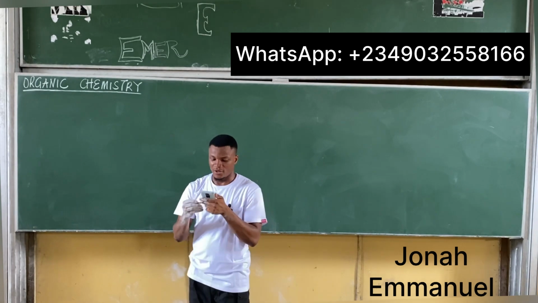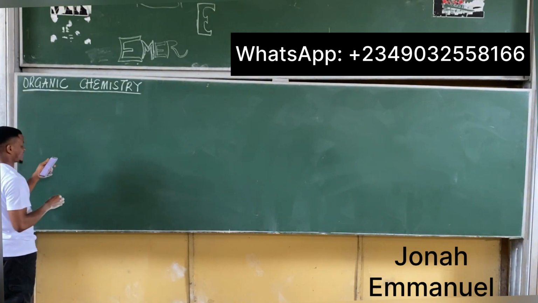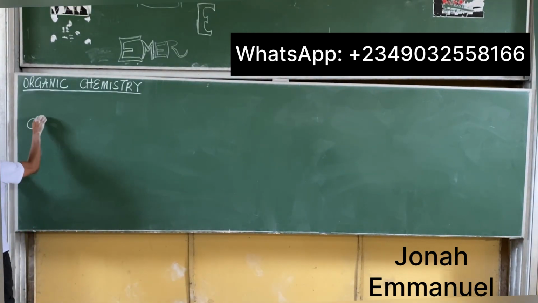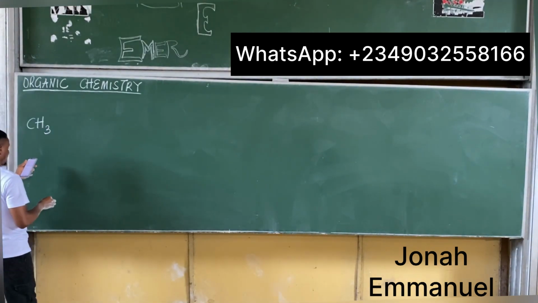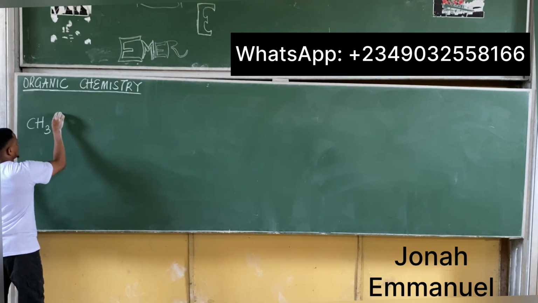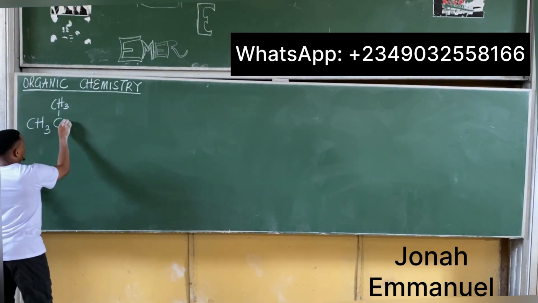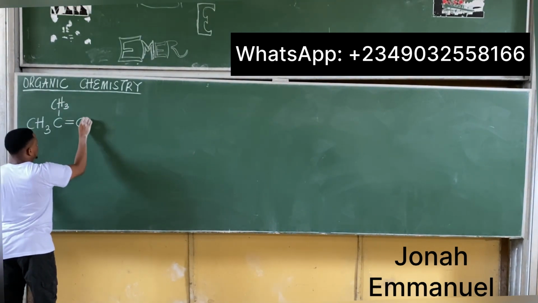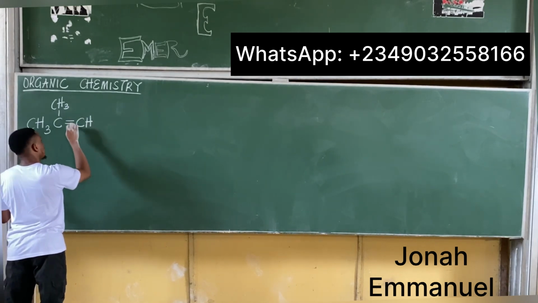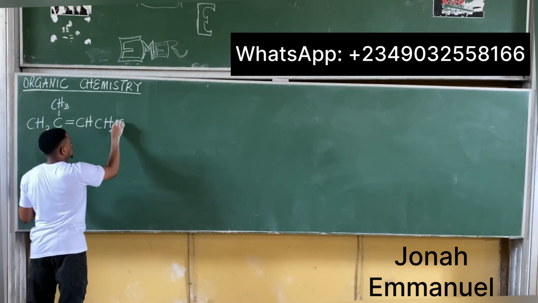Next question says: 2-methyl-2-pentene undergoes ozonolysis to give what? So ozonolysis of 2-methyl-2-pentene. Pent, five carbons, 1, 2, I'm adding CH3 here. 2-methyl-2-pentene, double bond, CH 1, 2, 3, 4, 2, CH3.